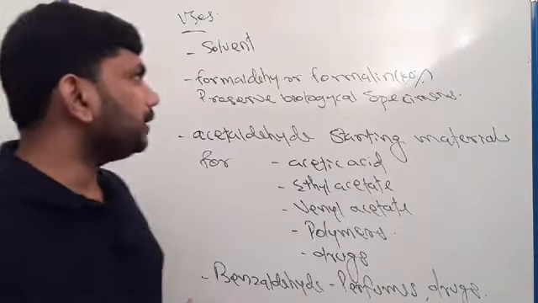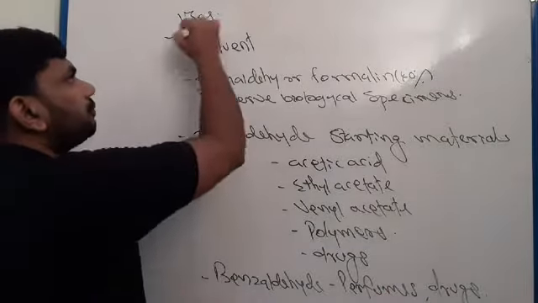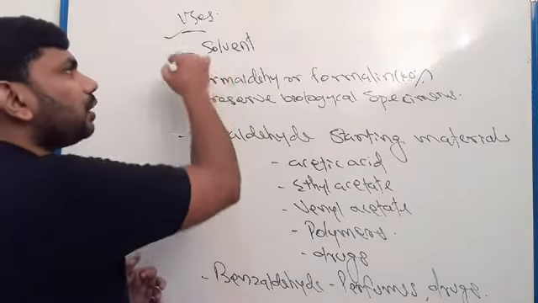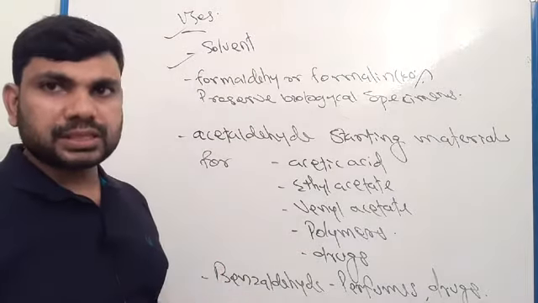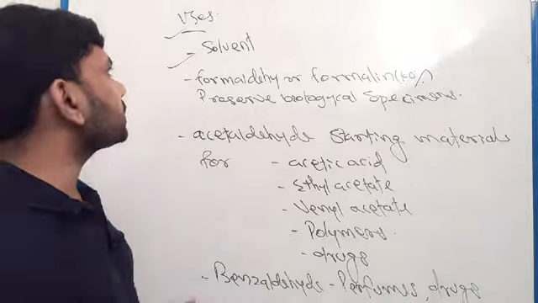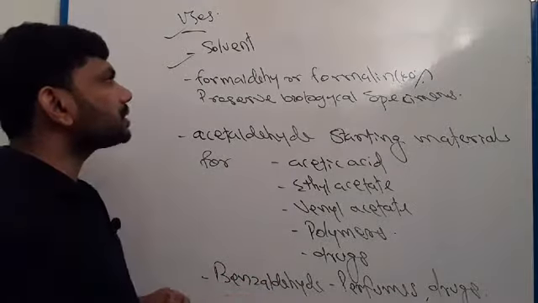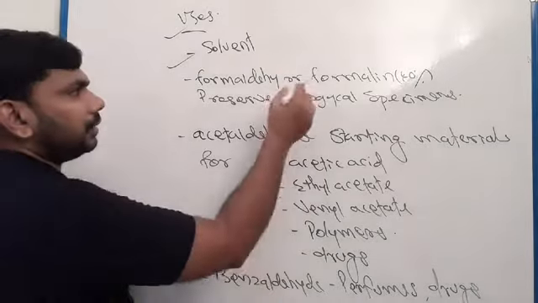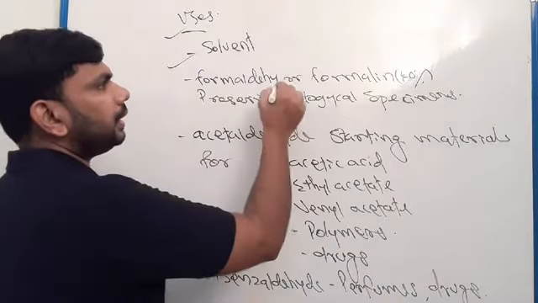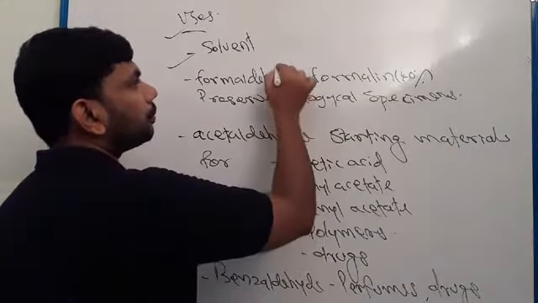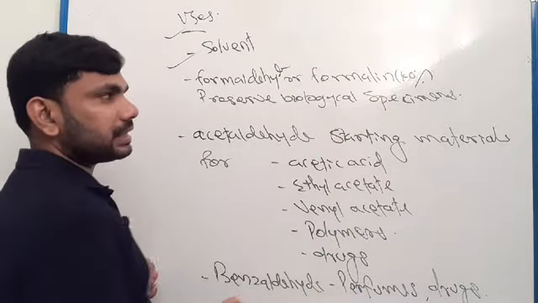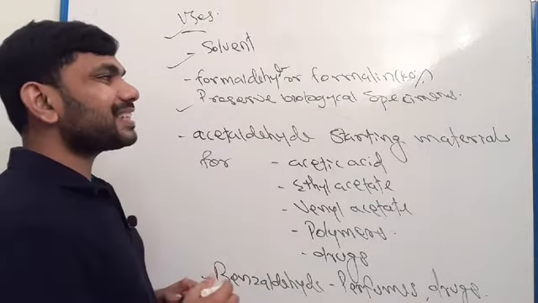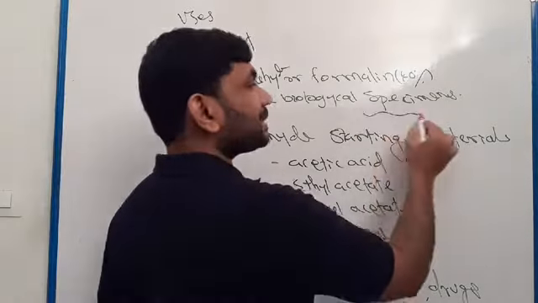Okay, in the last part of this video we have to discuss different uses of aldehyde and ketone. Aldehyde and ketone are used as solvents for many organic or inorganic substances. Also formaldehyde or formalin, a 40% solution of formalin, is used to preserve biological specimens.